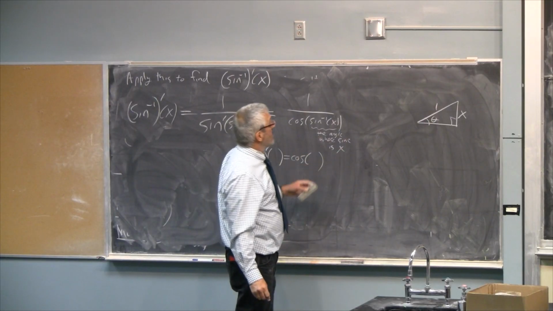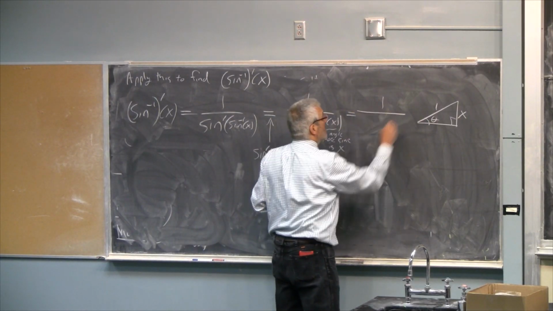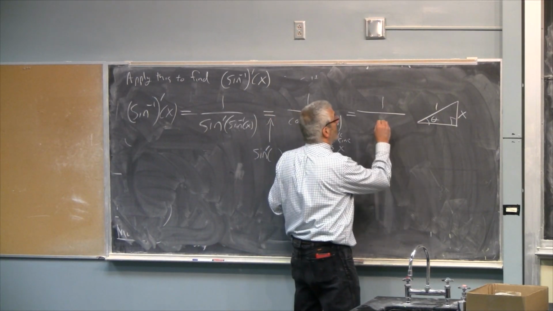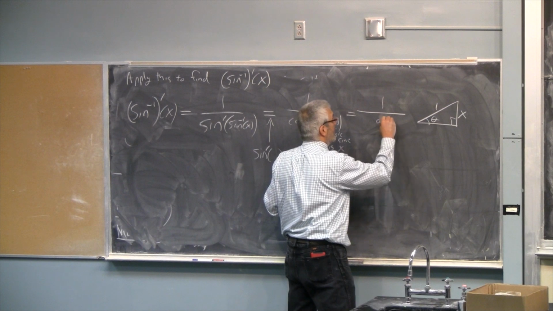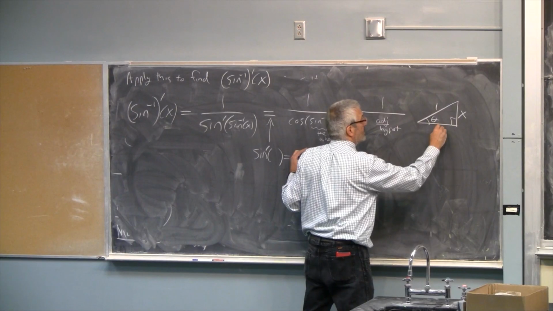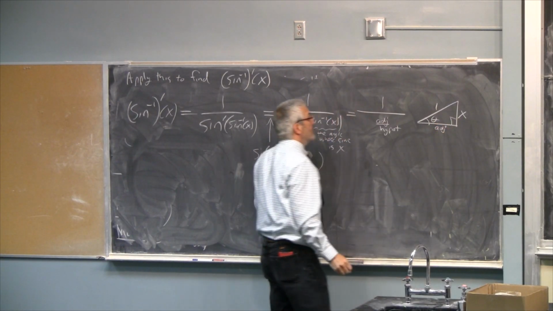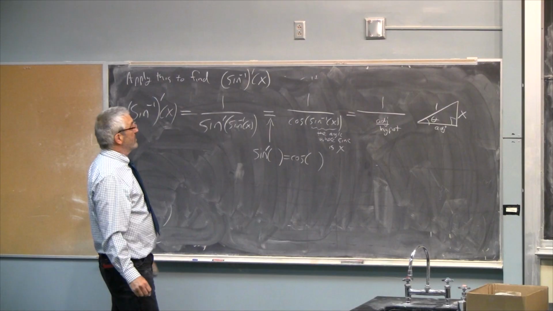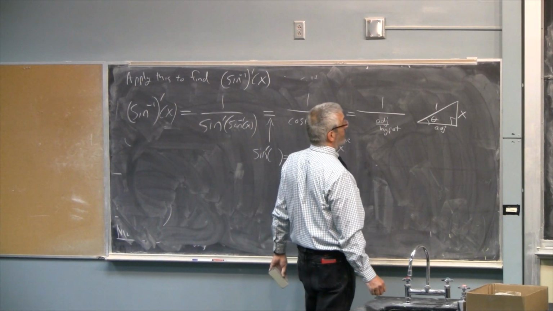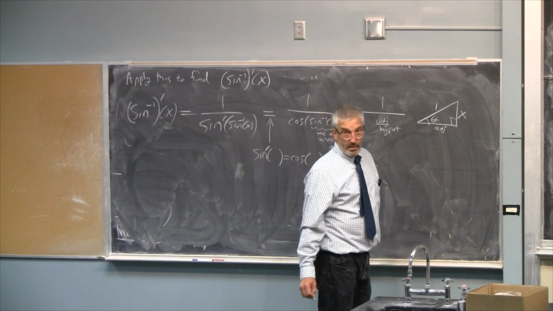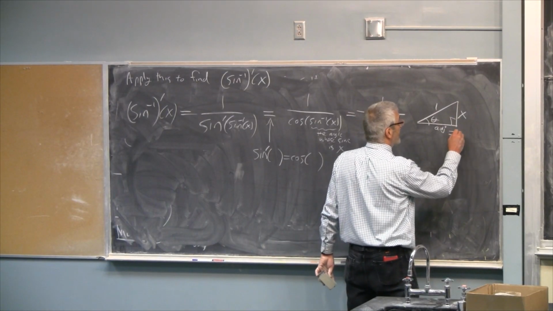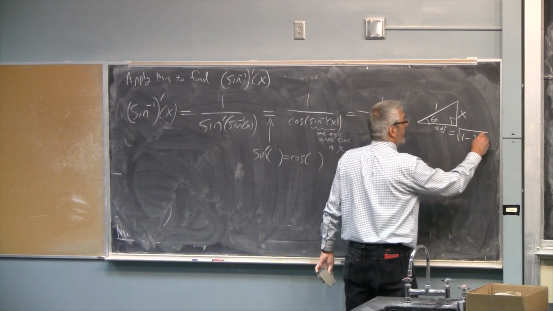And so what is the cosine of that angle going to be? Well, it's going to be adjacent over the hypotenuse. Well, hypotenuse is easy. It's just the number 1. But what's the adjacent side? The adjacent is going to be square root of 1 minus x squared.